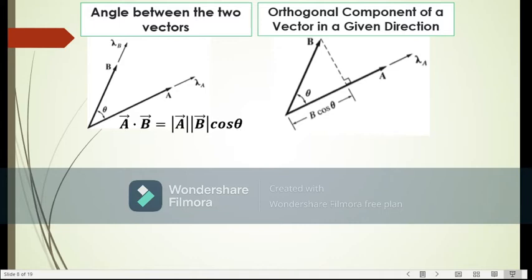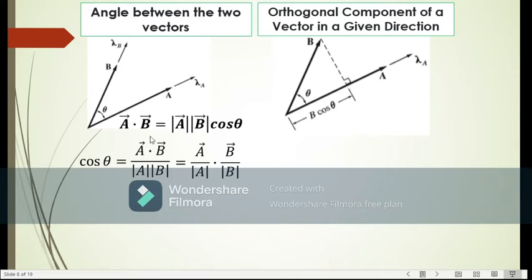Deriving our formula for the angle, we will have cosine theta is equal to A dot B divided by the magnitude of A times the magnitude of B. We got the second line of equation from the first equation given.